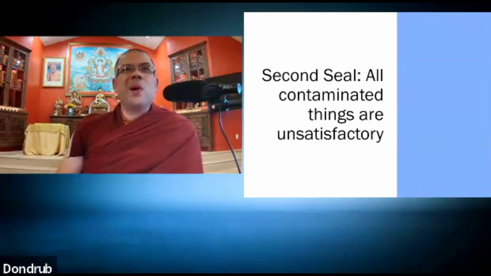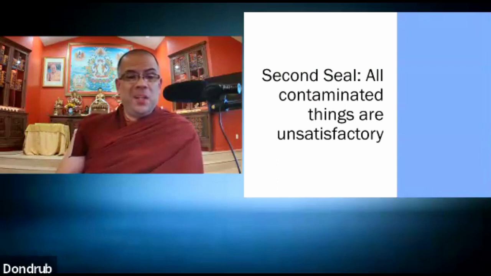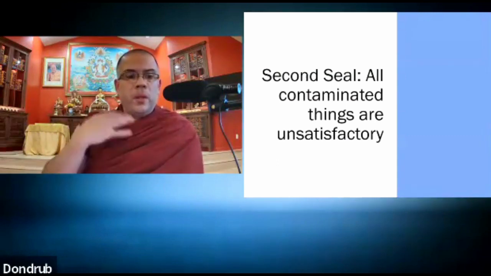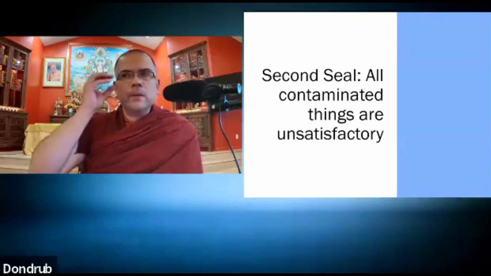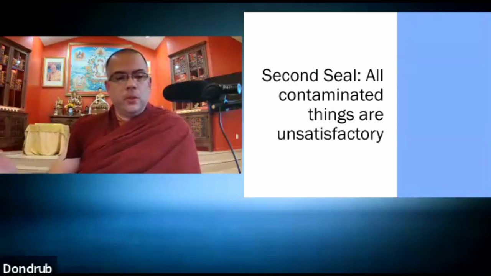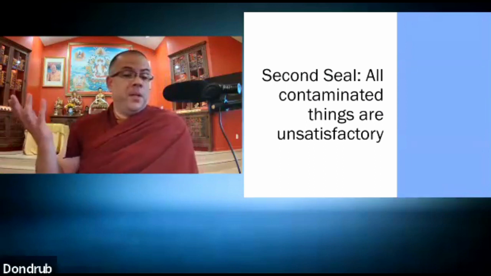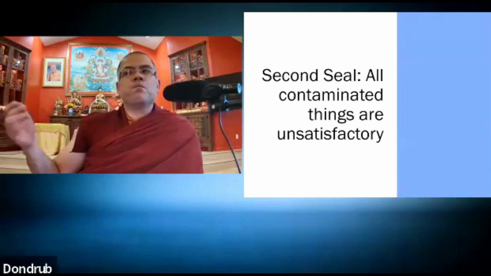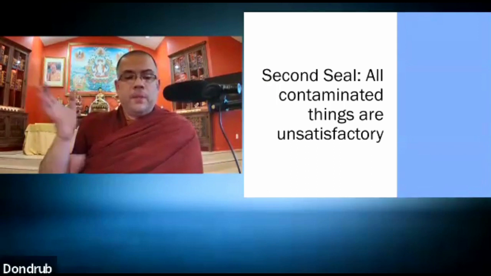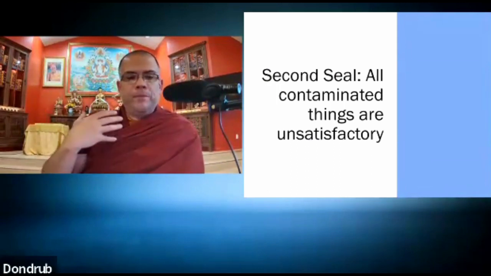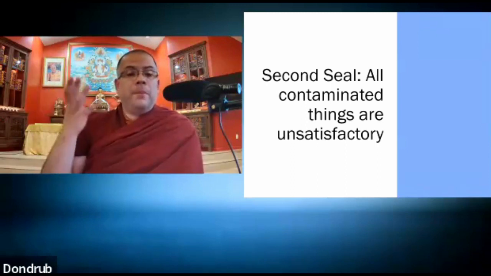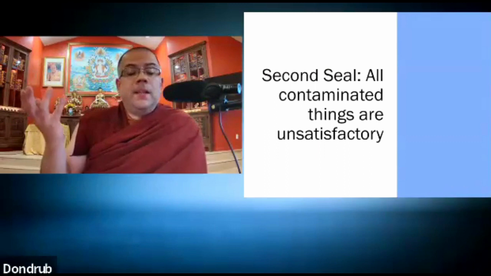Another way of talking about it is really just ordinary thing, because we are ordinary. Our body and mind, as an ordinary being, have past karma and delusion as our origin. If we didn't, we would be enlightened. And so any environment that is populated by ordinary beings is also therefore populated by contaminated things.